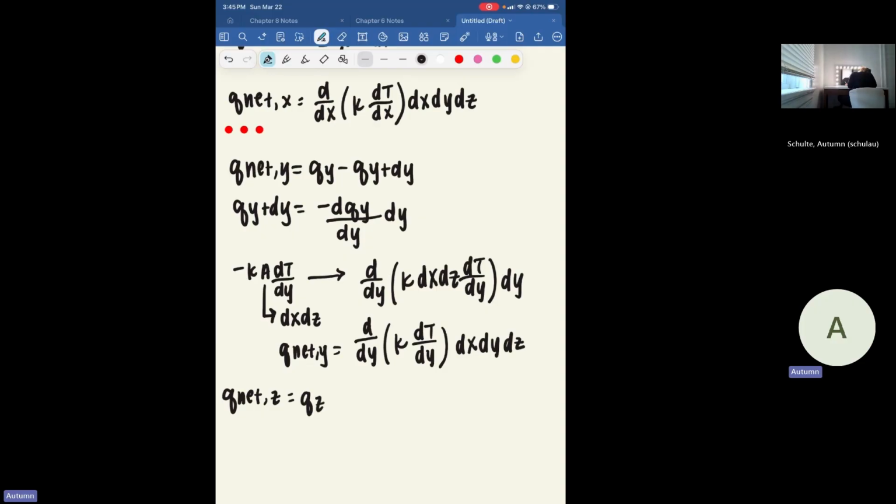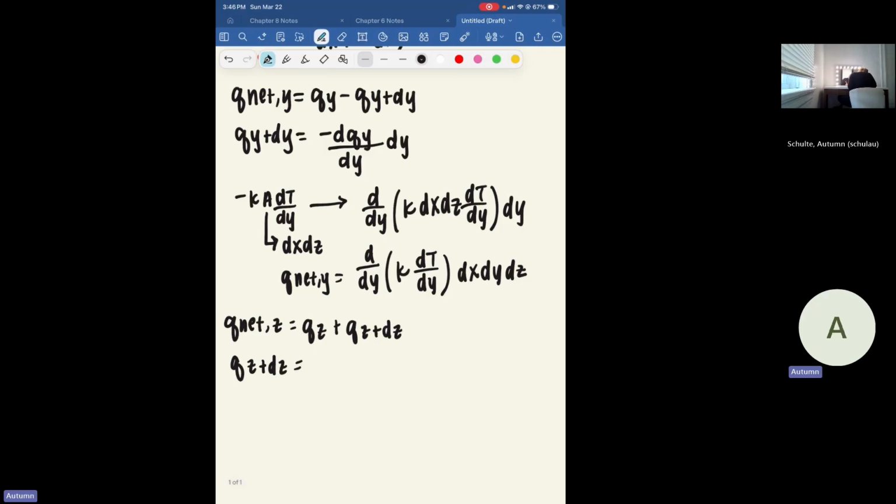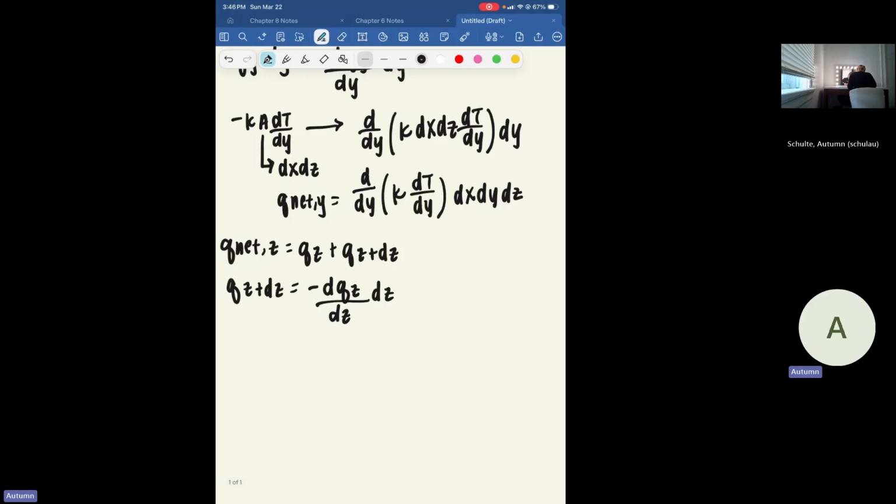plus the heat flowing at some later position z plus dz. Once again, we're going to use Taylor series approximations. We're going to find that q at z plus dz is equal to negative the derivative of the heat flowing at position z with respect to z multiplied by how far we moved, dz. We're going to plug in Fourier's law. And this time our area is going to be dx dy.